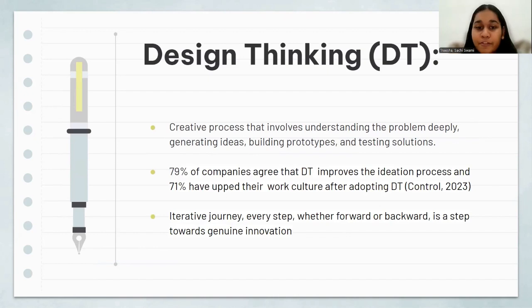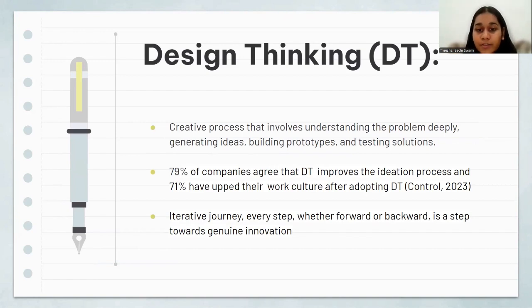Design thinking, my friends, is a creative process that involves studying your process, studying your problems deeply, and also testing those solutions, building prototypes, brainstorming creative ideas, and much more.